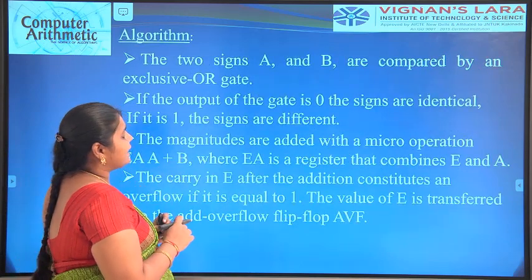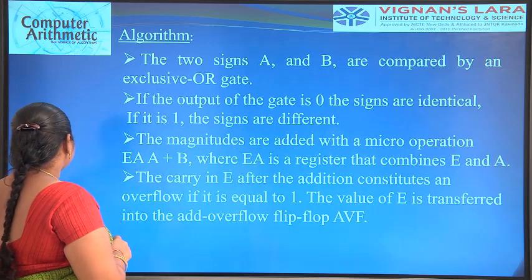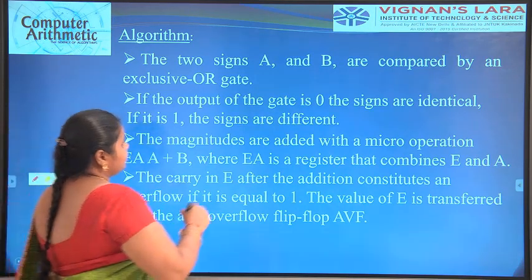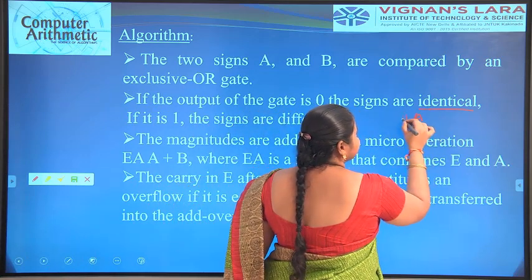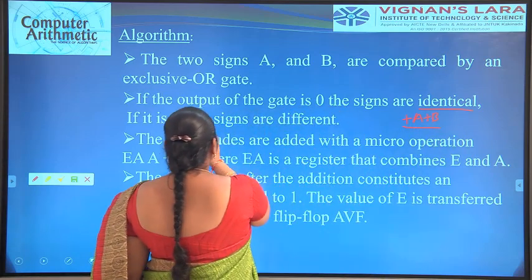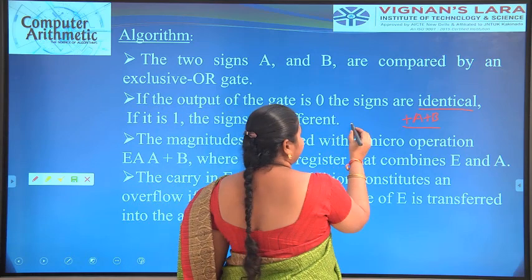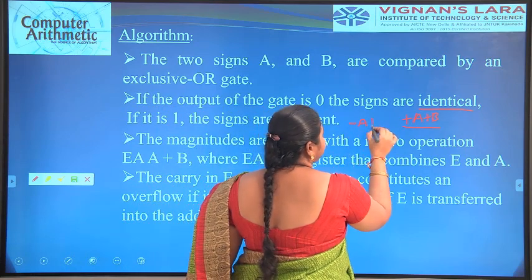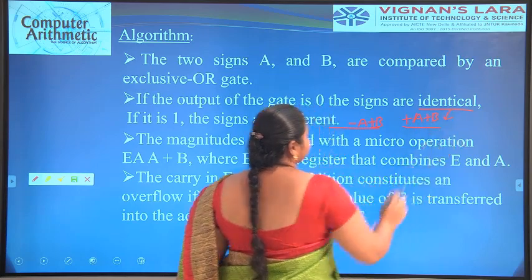The signs are identical means both are plus values, A plus B. These are the same. For example, it is 1: the signs are different, for example minus A plus B. These are different signs, and this is the identical signs.